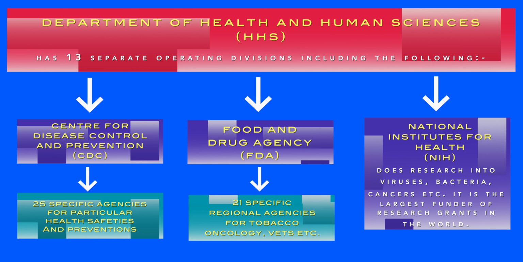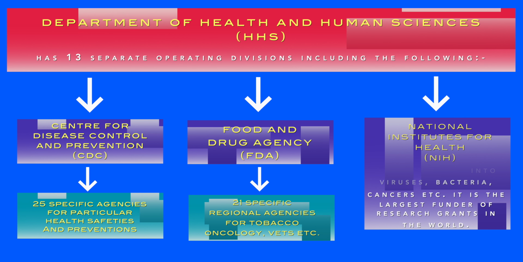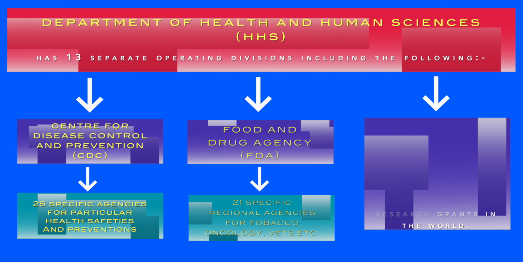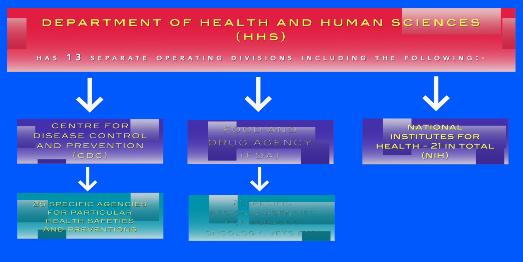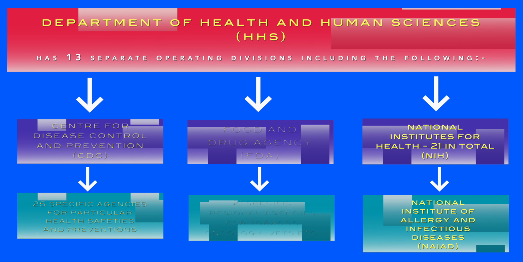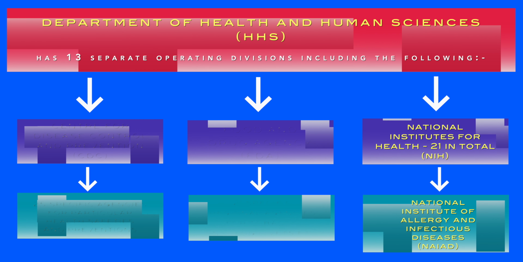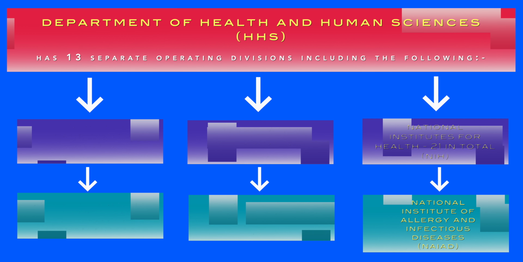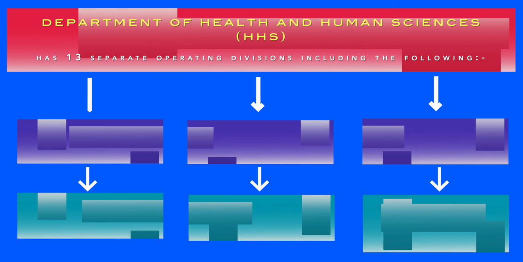And the final one we're going to talk about today is the NIH, the National Institutes of Health. It has 21 institutes, so 21 subdivisions. And the one that we're going to be most focusing on today is the National Institute for Allergy and Infectious Diseases, the NIAID. All these acronyms.